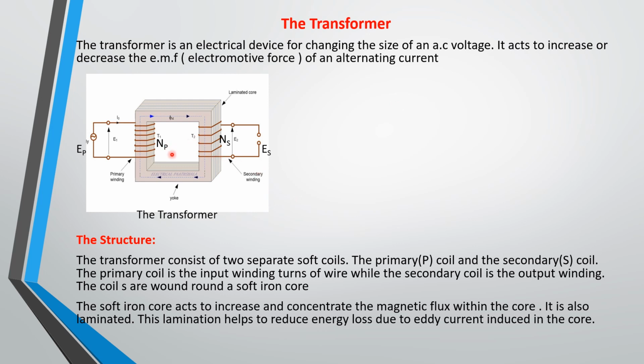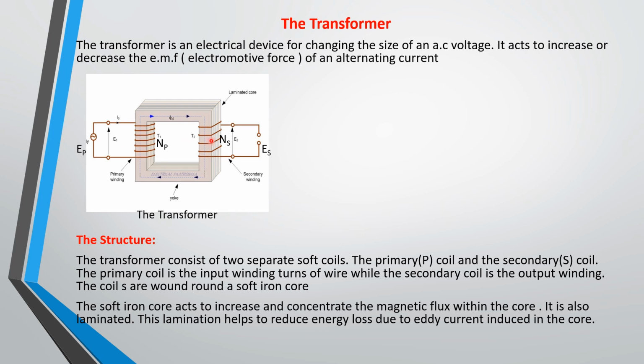Basically this is the structure of the transformer if you look at it very well. The transformer actually has two coils. This is one coil and this is another coil. This one is the primary coil, and this is the secondary coil.